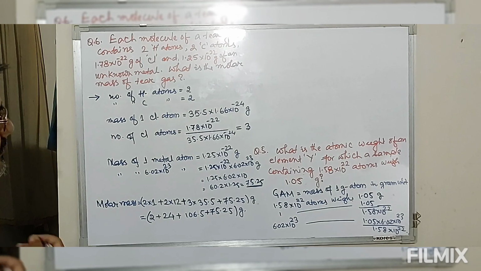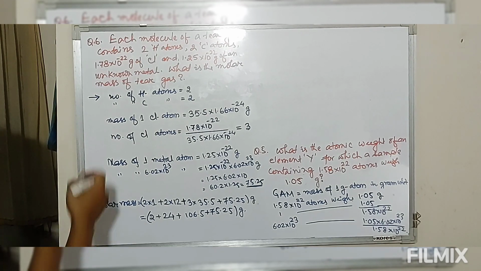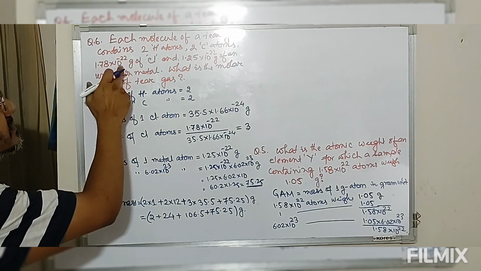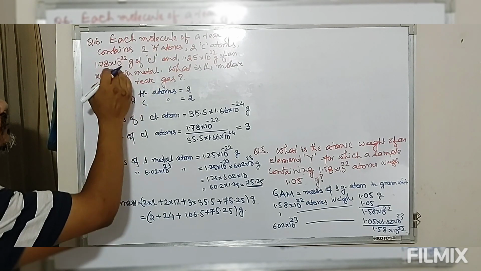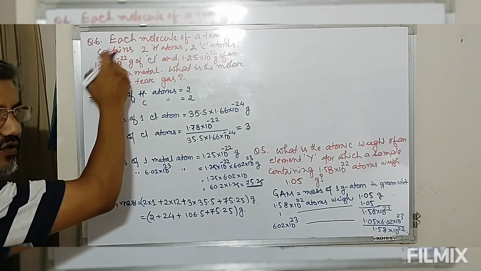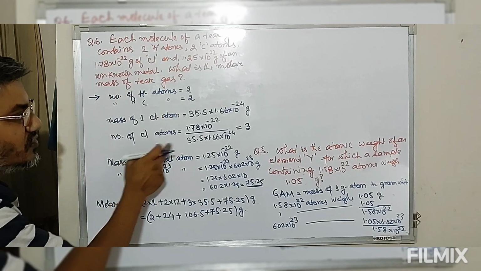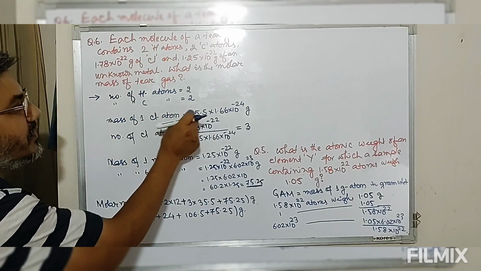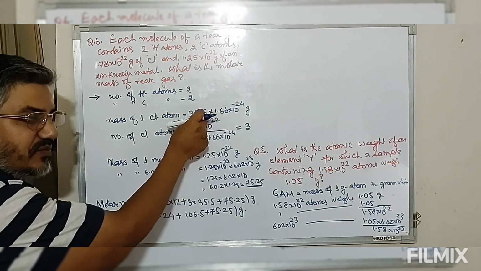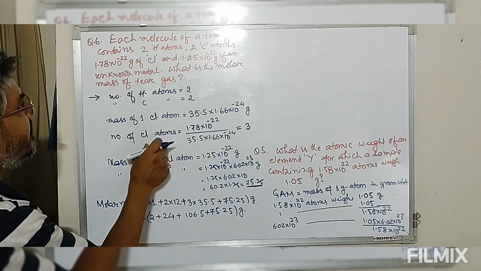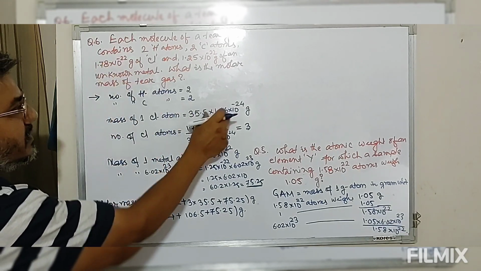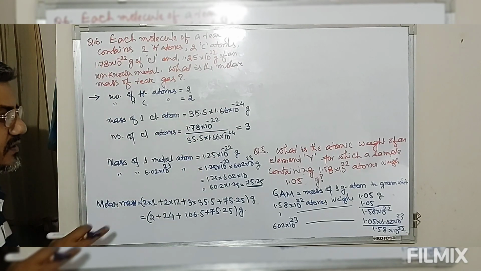So now what we have done is, we took the mass of chlorine which is present in the molecule. From this mass we find out the total number of atoms of chlorine, because we know the atomic mass of chlorine is 35.5, so the absolute mass. So the total number of atoms is the mass divided by the absolute mass of a single atom.